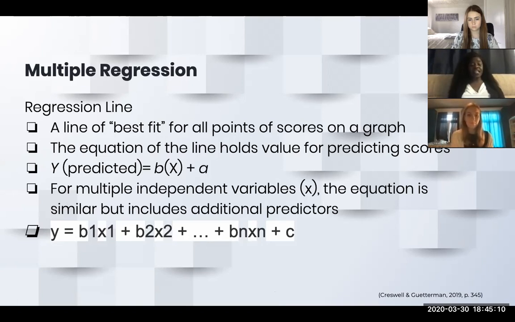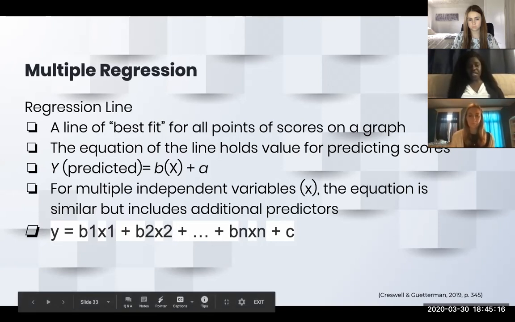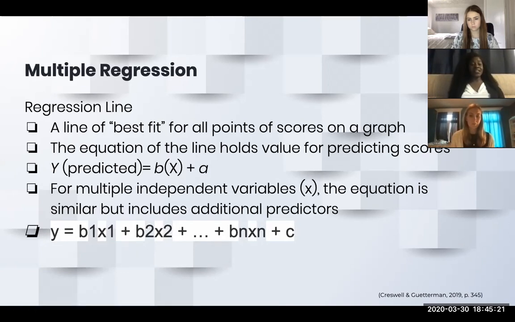It's just that you include more than one predictor within the equation, denoted by the equation at the bottom right there: y equals b1 x1 plus b2 x2 plus, and so on until you've covered all of the independent variables.